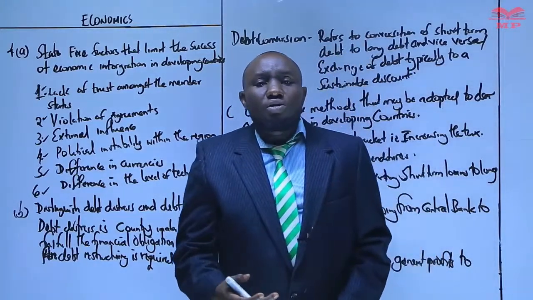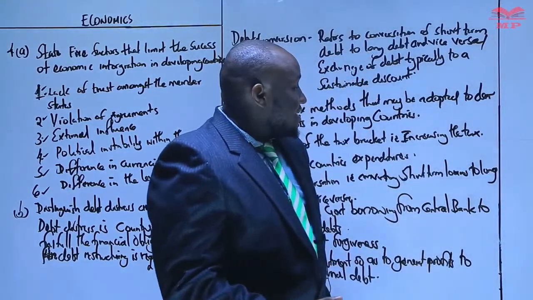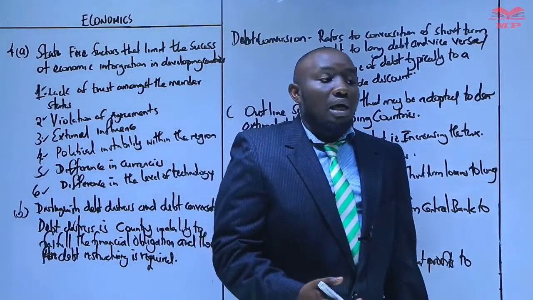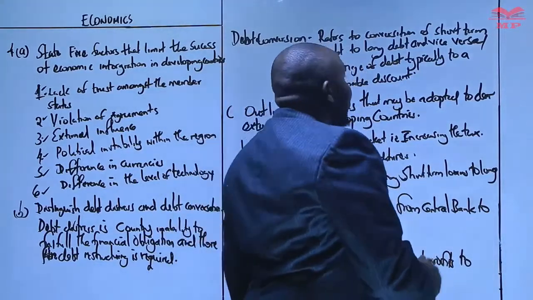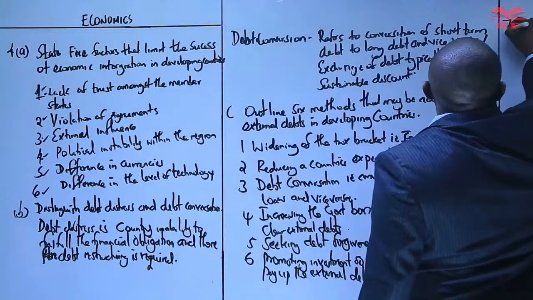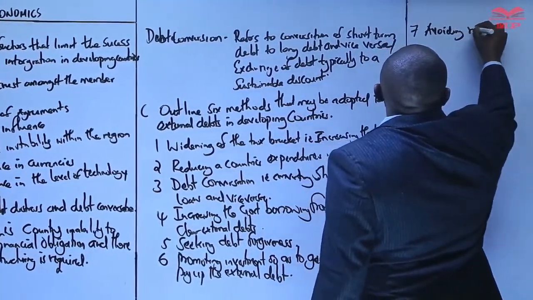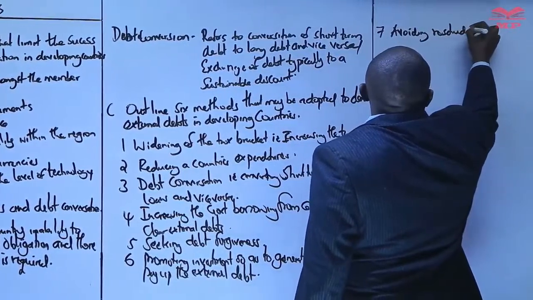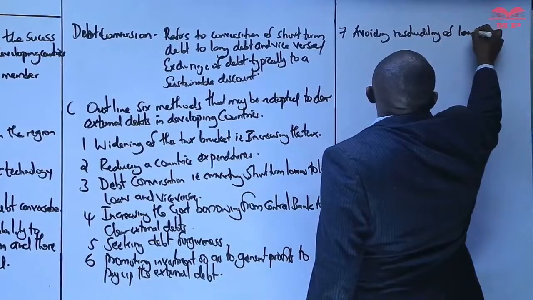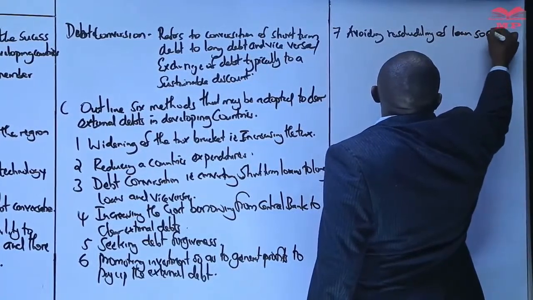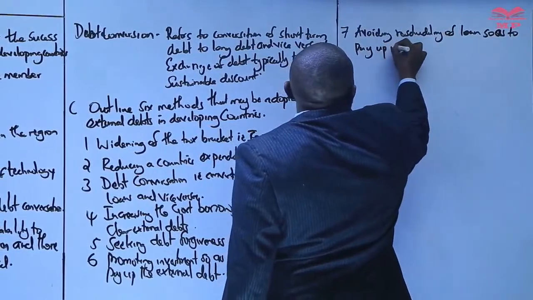They can also decide to avoid rescheduling of the loan. That basically touches on conversion, but we can have it as the last point: avoiding rescheduling of the loans so as to pay up in time.